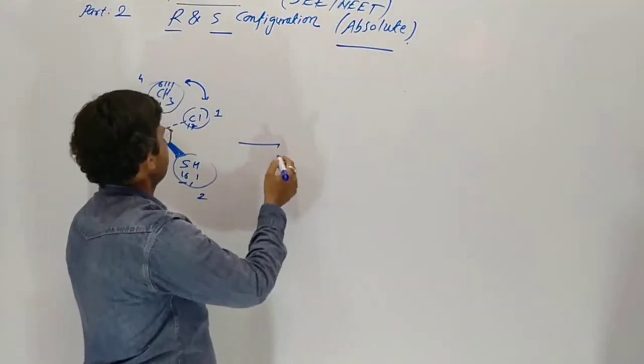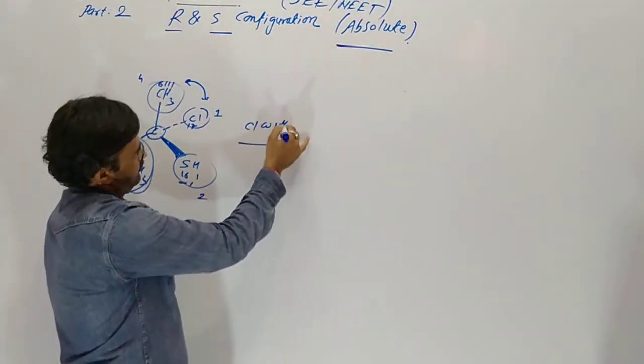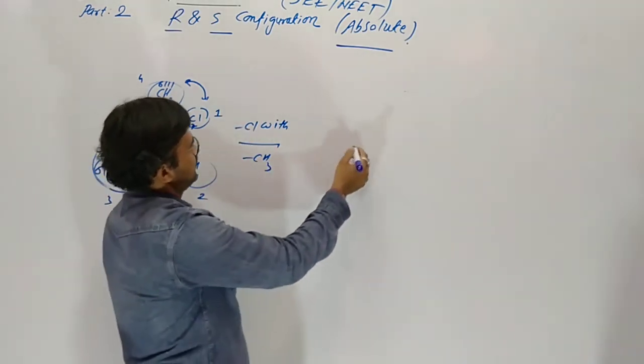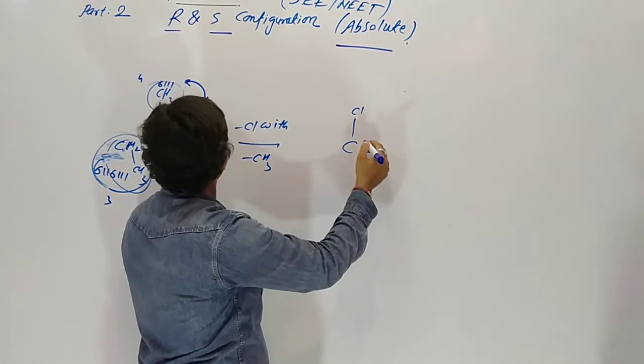Here our number 4 is on the plane, but number 4 should be behind the plane. So interchange 1 with 4. One interchange occurs. Chlorine with methyl.